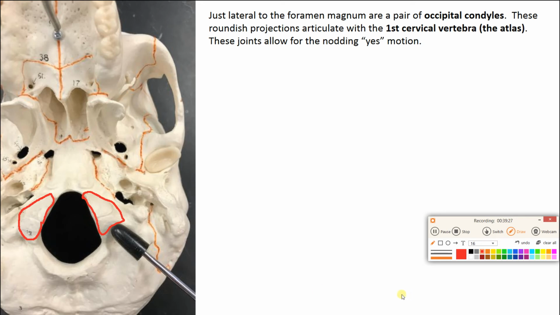The word condyle means knuckle. So if you make a fist right now and look at your knuckles, somebody thought these bumps were kind of knuckle-like. Now, this is where your occipital bone sits on your first vertebra. Your first vertebra is called your first cervical vertebra because it's in your neck. It's also known as the atlas.